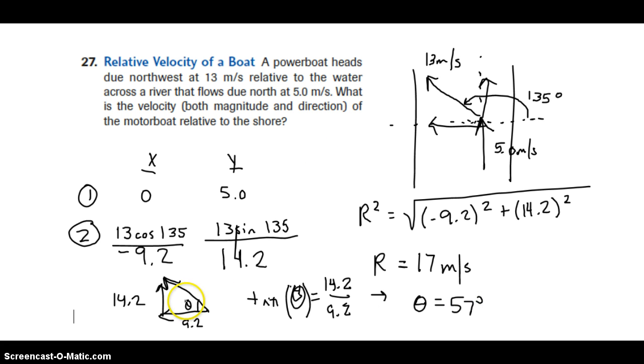But it looks like that theta is directed from west, so we could either say 57 degrees north of west, or we could take 180 subtracted from that and say it's at 123 degrees.